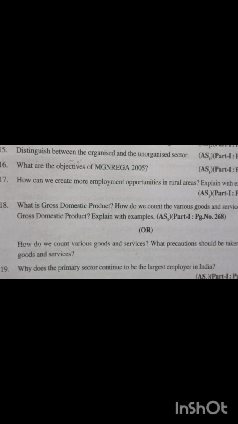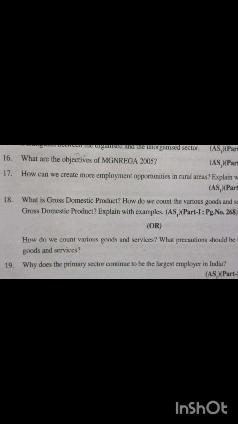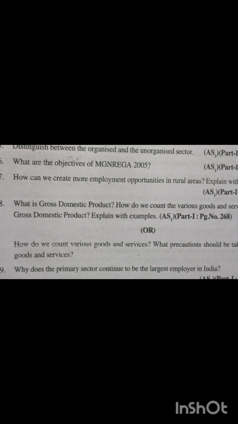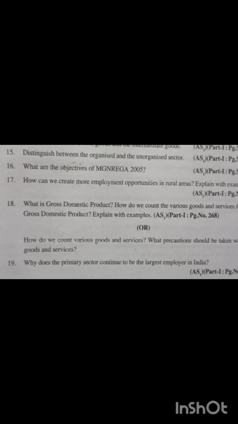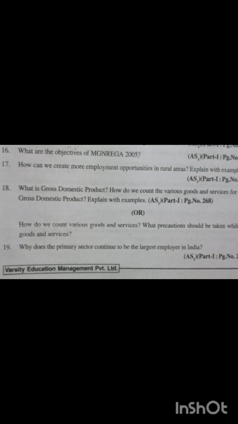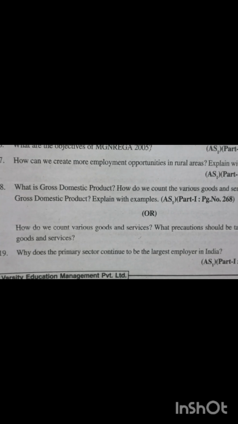17th one, how can we create more employment opportunities in rural areas? Explain with examples. 18th one, what is gross domestic product?